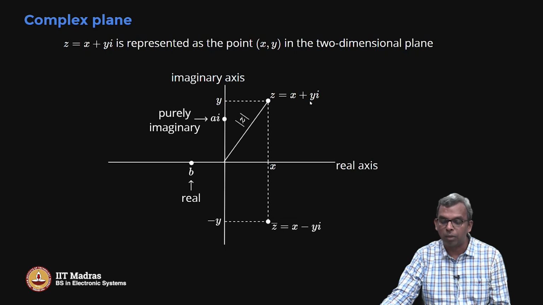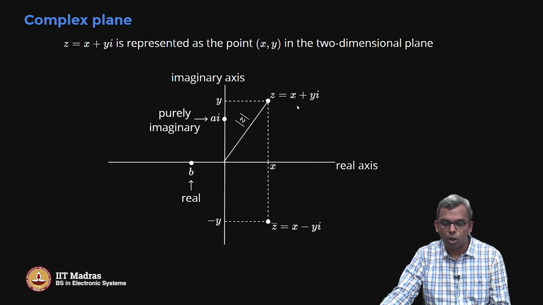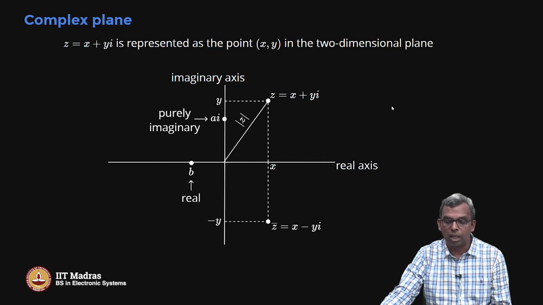They'll have a real part and an imaginary part as well, both non-zero. For real numbers, the imaginary part is 0. For purely imaginary numbers, the real part is 0. So this is the complex plane. It's very simple at some level, but nevertheless, it gives you a nice pictorial representation. Sometimes if you're confused, you can draw the picture and get some more clarity.